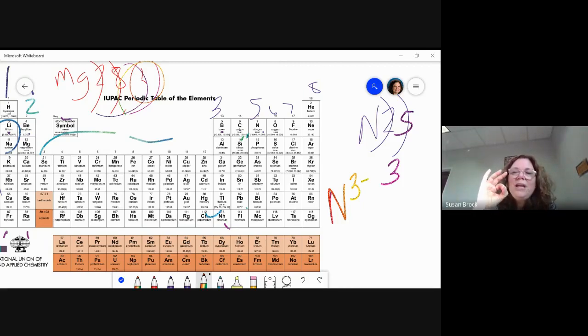Now, when a non-metal forms an ion, and it gets the electrons from the metal, we change its name completely. We take off some of the end of their name and add "ide." So we call it a nitride.